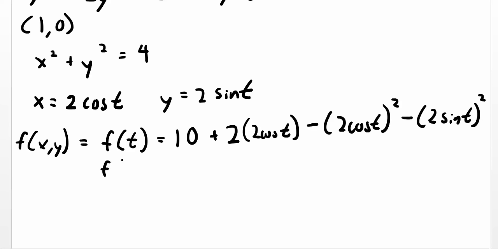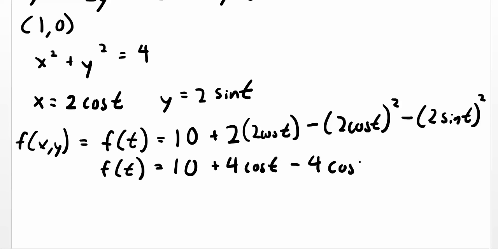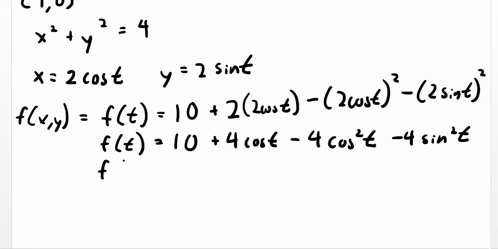So we'll simplify this a bit. 10 plus 4 cosine t minus 4 cosine squared of t minus 4 sine squared of t.